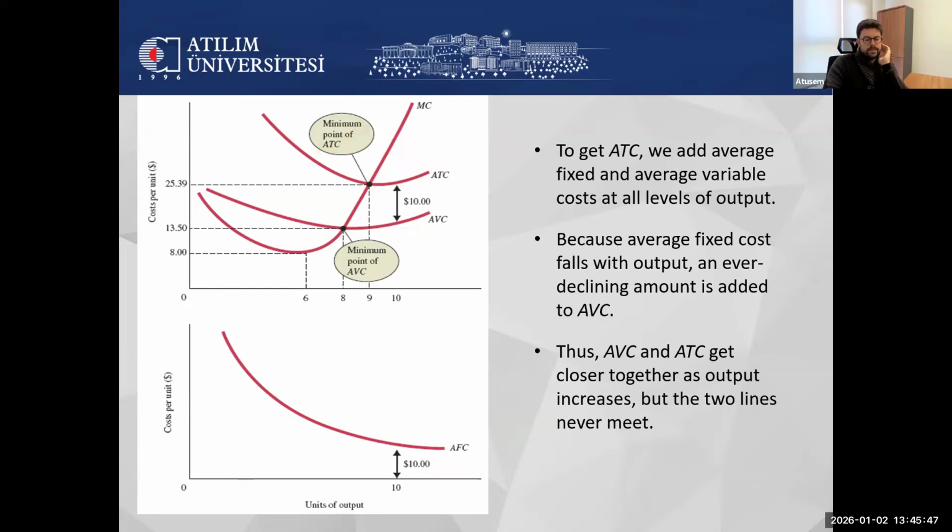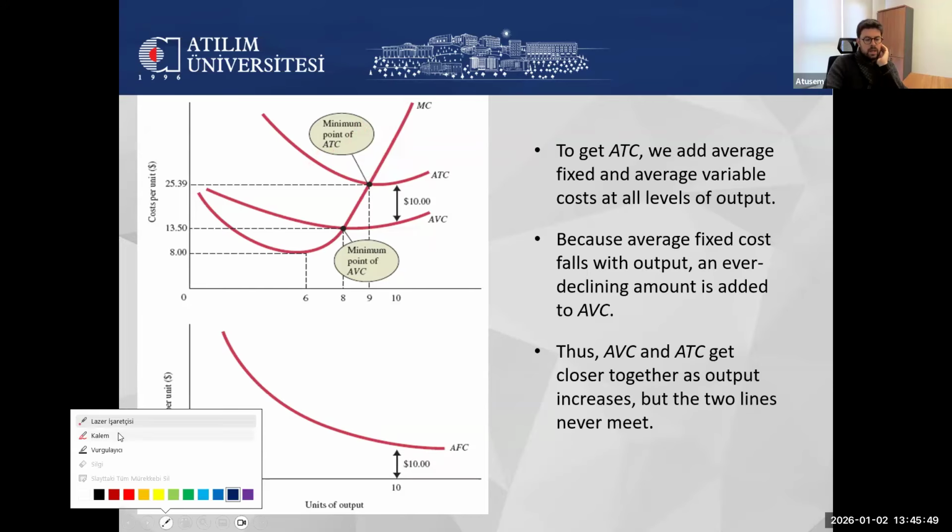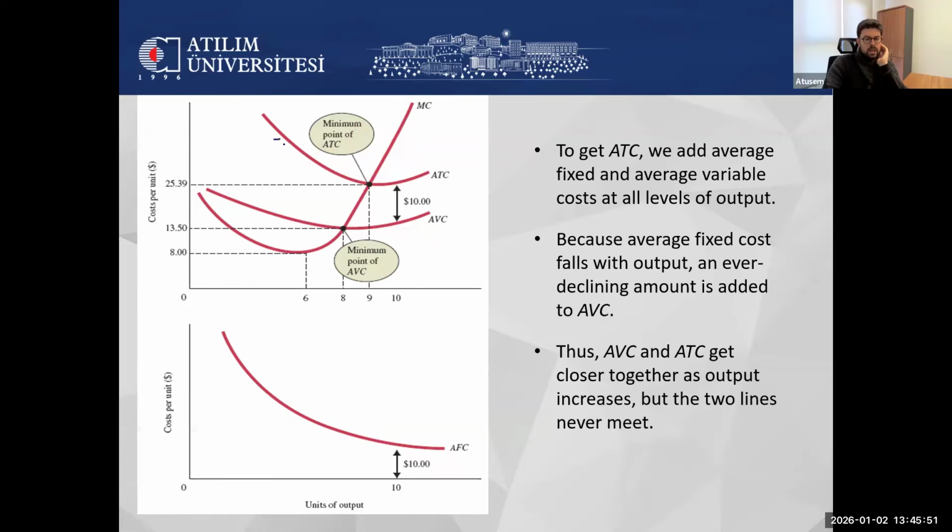One more thing. The difference between average total cost and average variable cost determines the shape of the average fixed cost. These are the same.